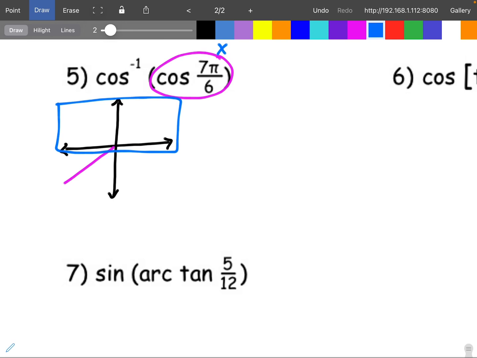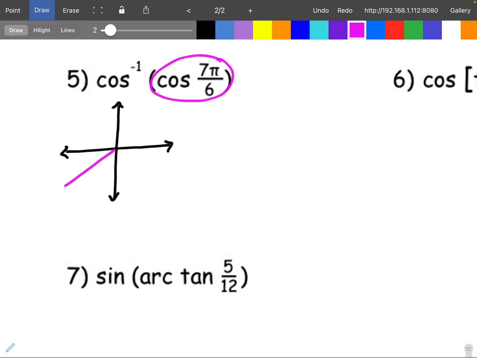So, cosine is x, therefore I need to know, would the same angle in quadrant 1 or quadrant 2 have the same x value? Well, for our 7 pi over 6, the x value would be negative, which means in my matching angle within my inverse cosine, so somewhere in here, my x has to also be negative.